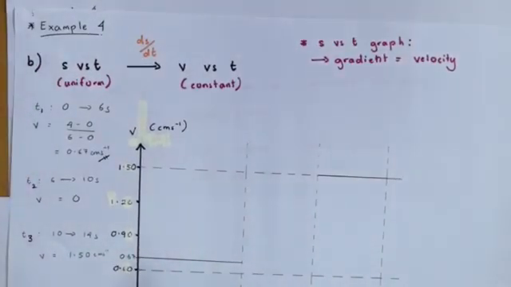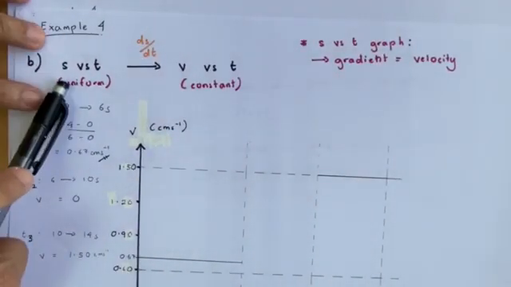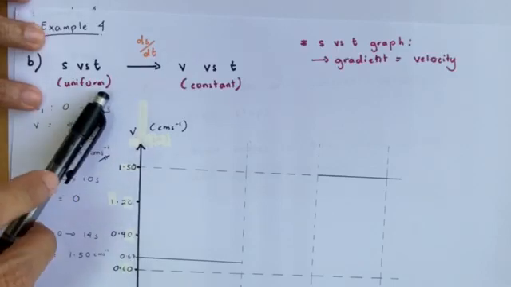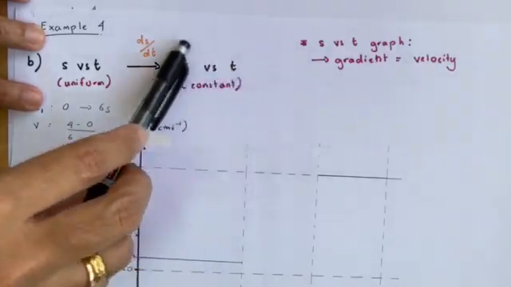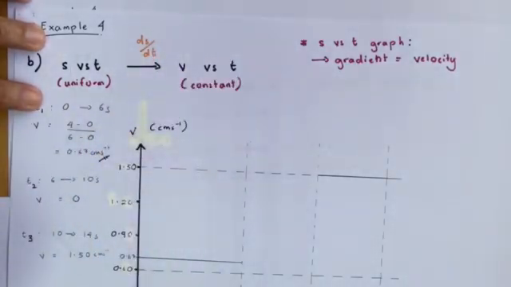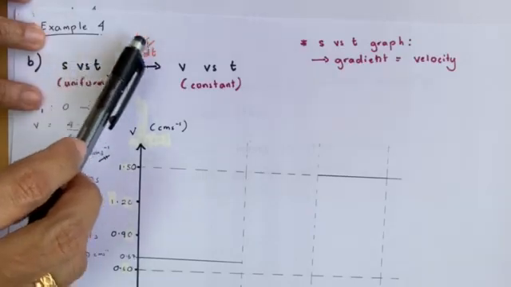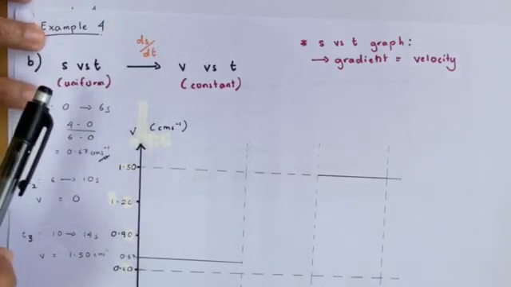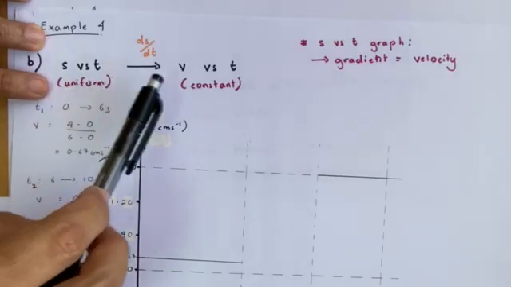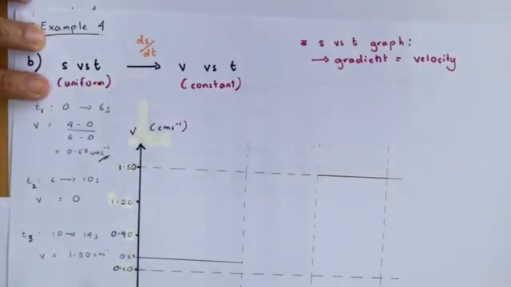From the earliest graph that we're given, that is the displacement against time, we've been given a linear graph, a uniform linear graph. For us to have the velocity against time graph, actually we should be differentiating the first graph. So from a linear, it will transform to a constant graph.